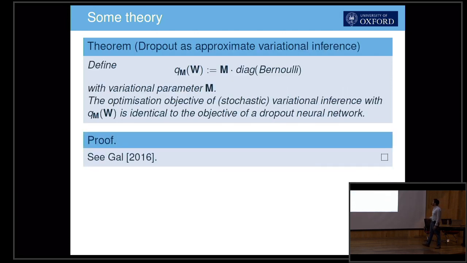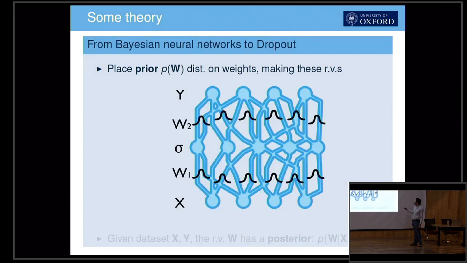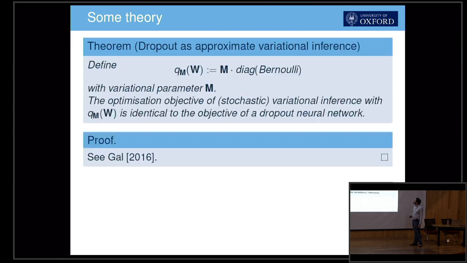And it turns out that if you define your Q to be of this structure, which is really not that important, then the optimization objective of stochastic variational inference with this Q distribution in this Bayesian neural network model is identical to the objective of a dropout neural network.